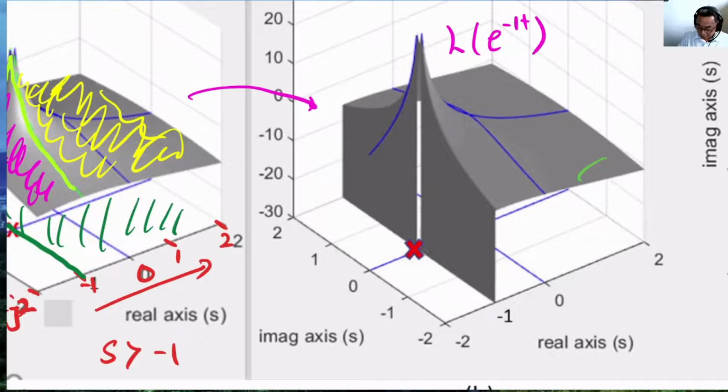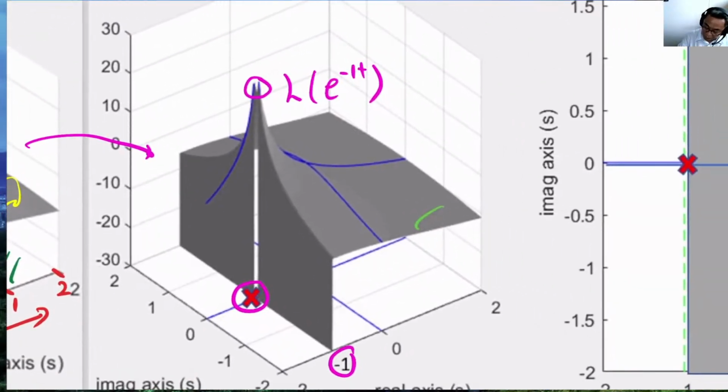Right. Now, the interesting part in the surface is the peak, of course. Where is this peak? Well, this peak exists when s equals minus 1, because why? This is equal to 1 over s plus a. What happens when s equals minus 1? When you substitute s equals minus 1, it is 1 over minus 1 plus a, and a, remember, is 1.